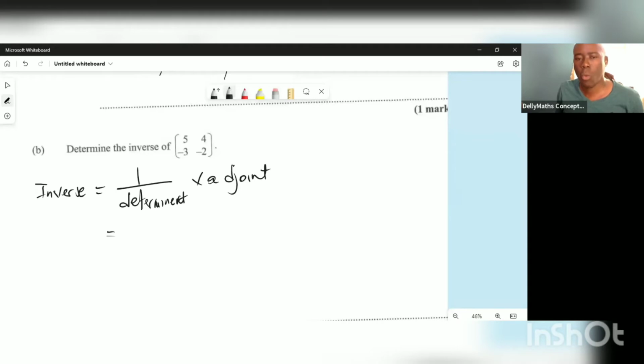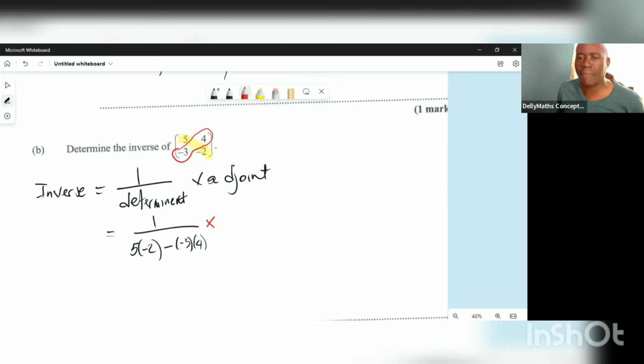So we're talking 1 over 5 times -2 minus -3 times 4. So the determinant of the matrix is simply the product of the main diagonal, and we're going to subtract the product of the non-leading diagonal. All right, so we're talking about the yellow, which is the leading diagonal, product of that minus the product of the non-leading diagonal.